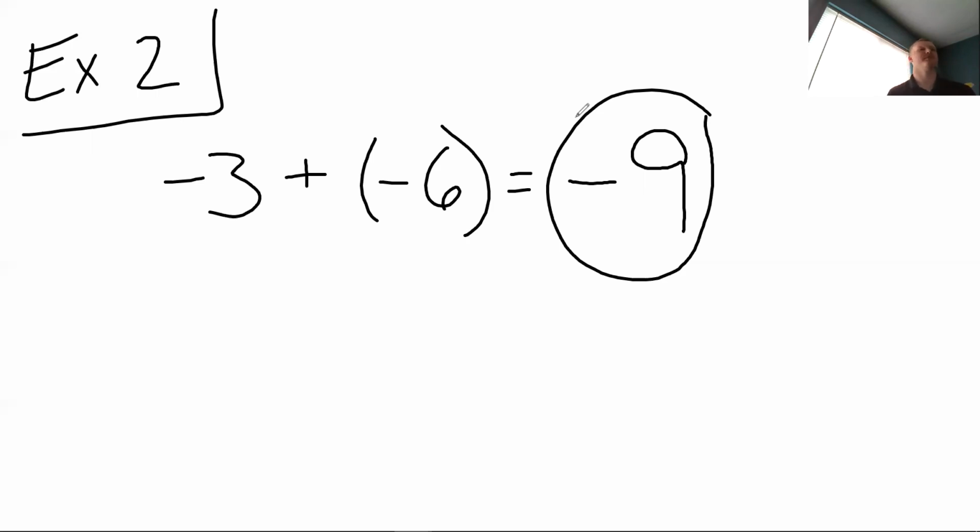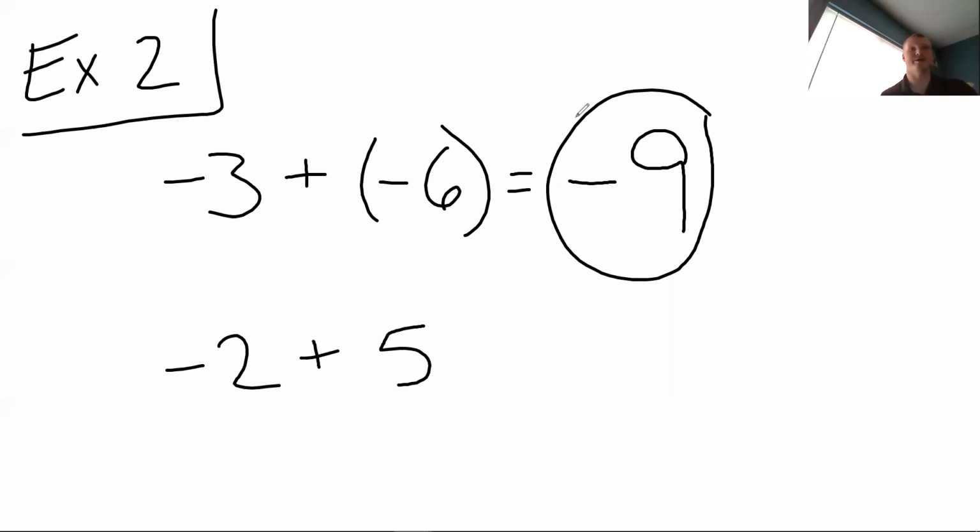Yes? I thought if you add 2 negatives, it becomes positive. Yeah, it depends on your situation. But when you add 2 negatives together, it's always going to be a negative. When you add a small negative number with a big positive number, let's say -2 plus 5, my positive number is bigger, so I'm going to have a positive number.